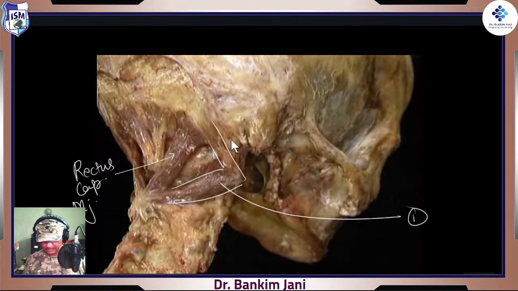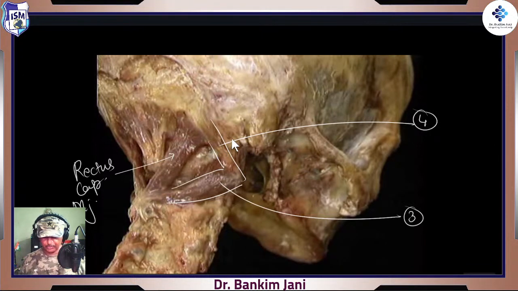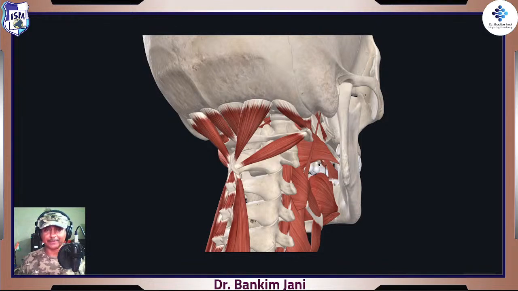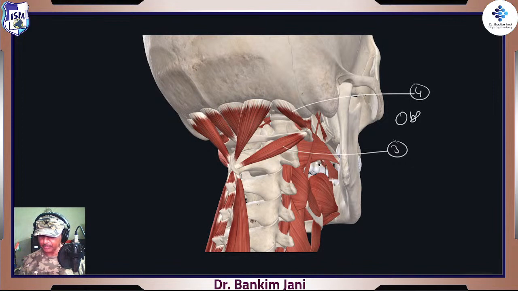Let's name 1 and 2 as major and minor rectus capitis. So let's say this is 3 and this is 4. To appreciate it better, let's see it this way. This is much better. We are talking about this is 3 and this one 4. They are oblique. So let's call them oblique. Relatively, previous two were straight. So these are oblique.